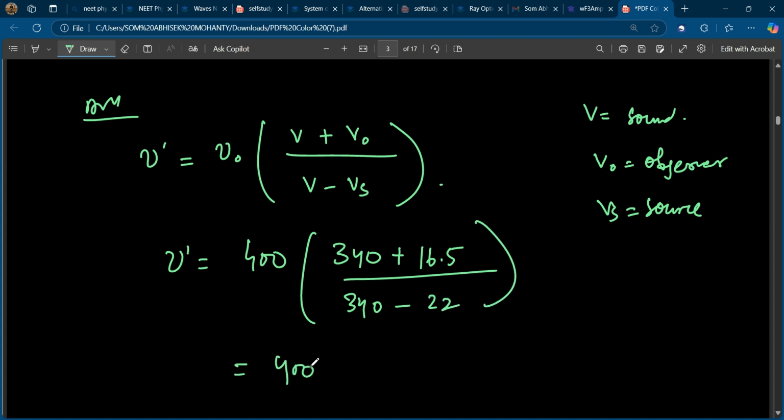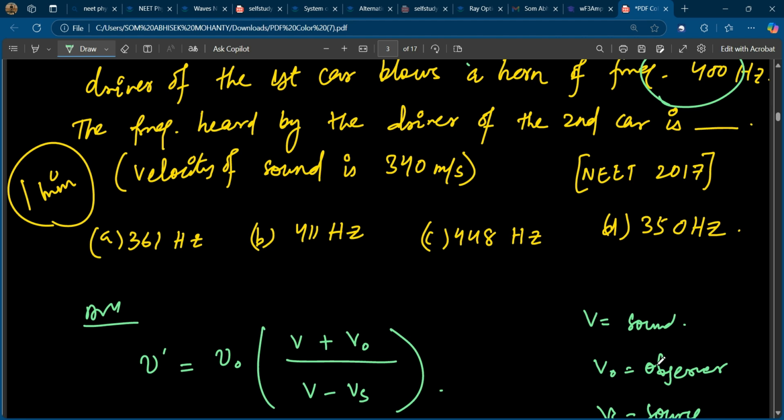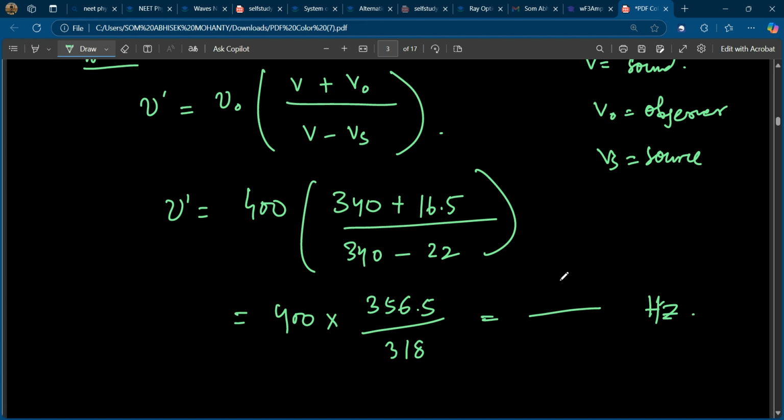So 400 into 356.5 divided by 318. You solve this and the answer will be 448. Option C, 448 hertz.